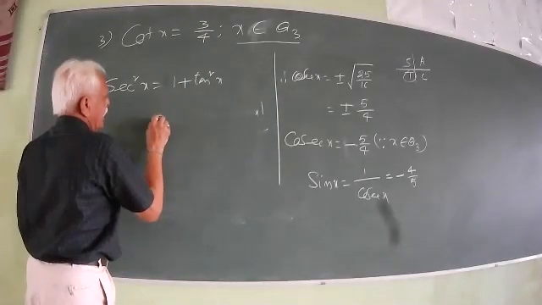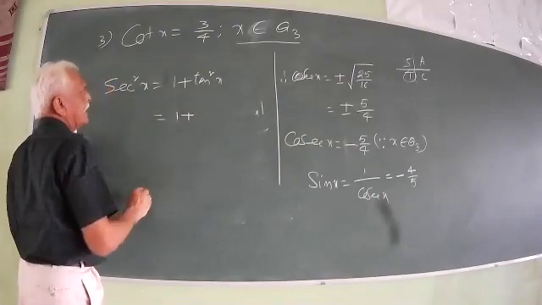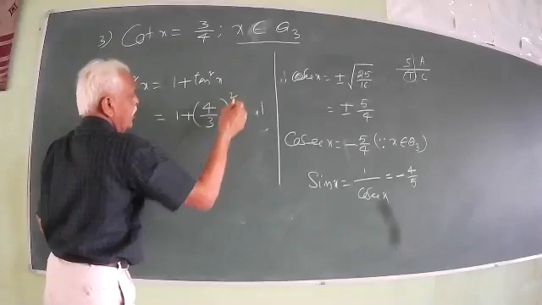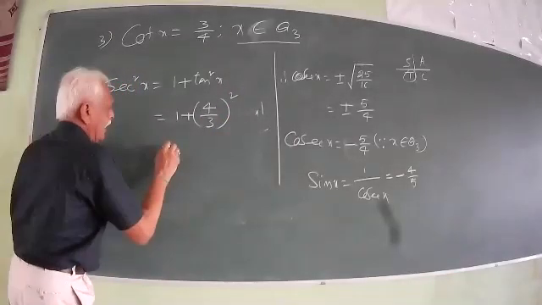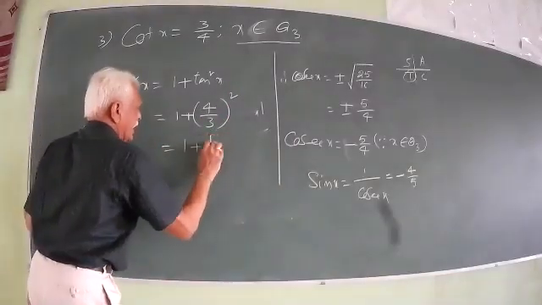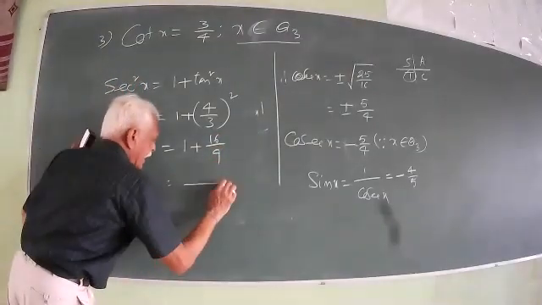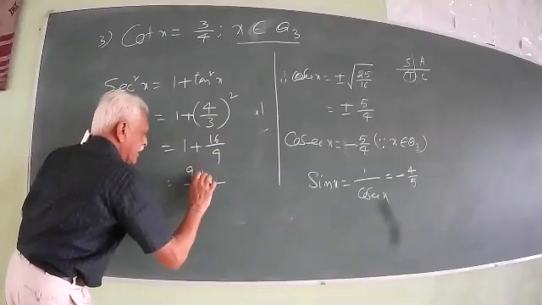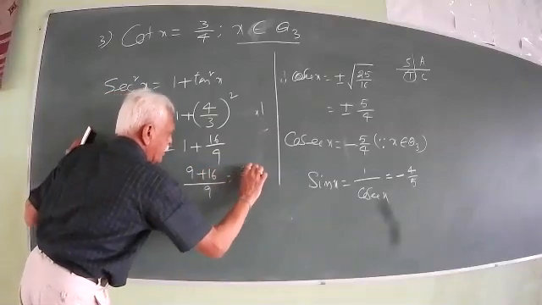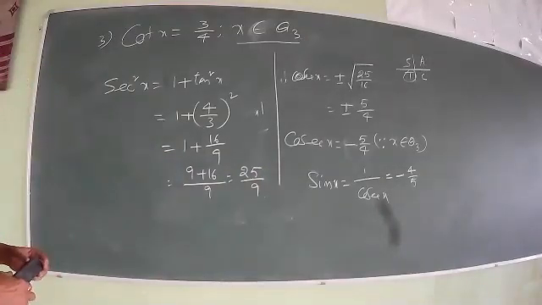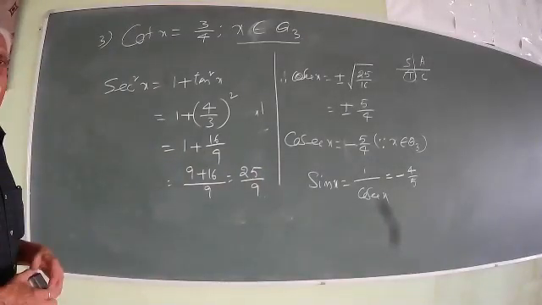This is nothing but 1 plus tan, which is 4 by 3, whole square. This is nothing but 1 plus 16 by 9, and 9 is the LCM. 9 plus 16 is 25 by 9. That is secant square x.